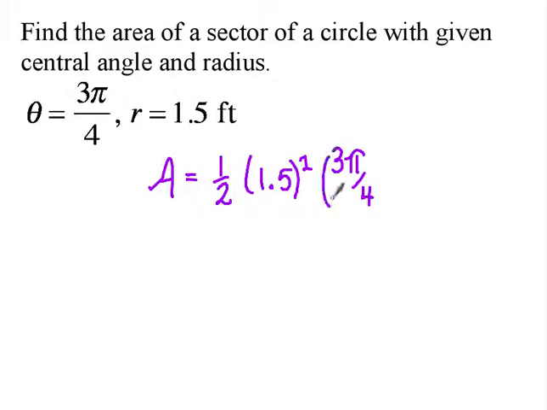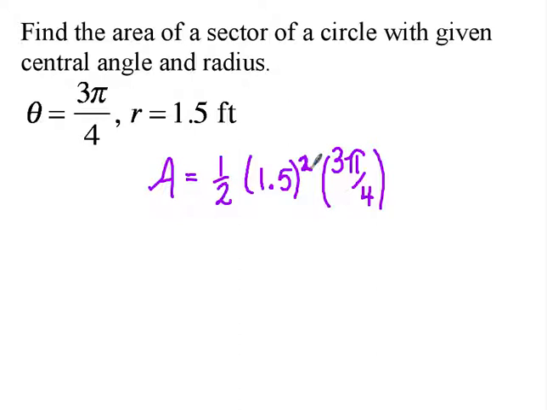Now you're going to notice that this problem has both a fraction and a decimal. Whenever you have that, you need to answer in decimal form only. You can't combine a fraction and a decimal. So the easy way to do this, guys, 1.5 squared. Do that on your calculator. Take that times 1/2 or times 0.5. 1.125.